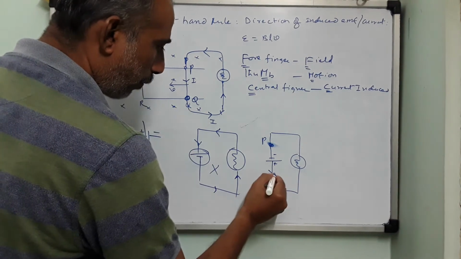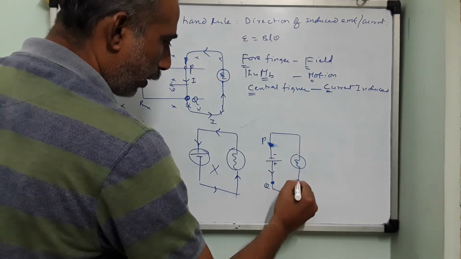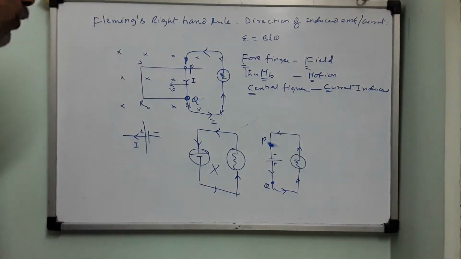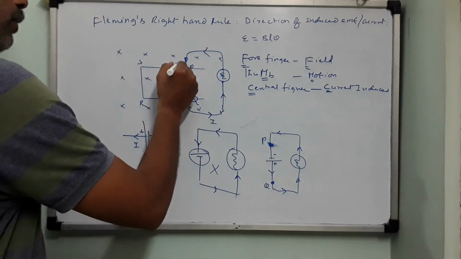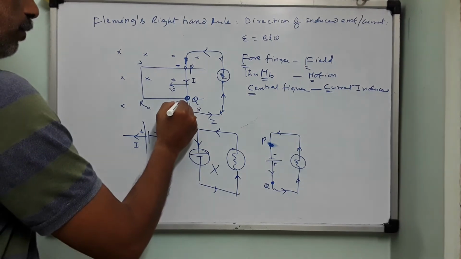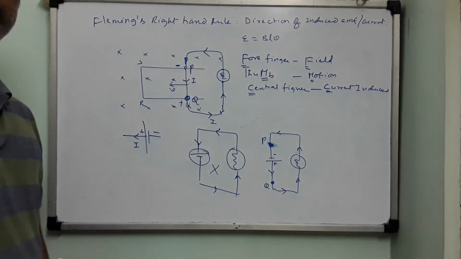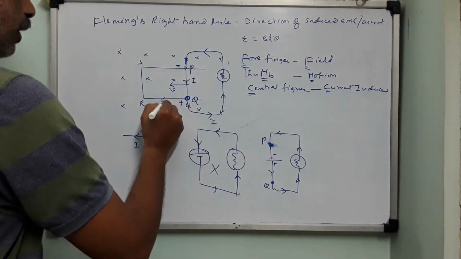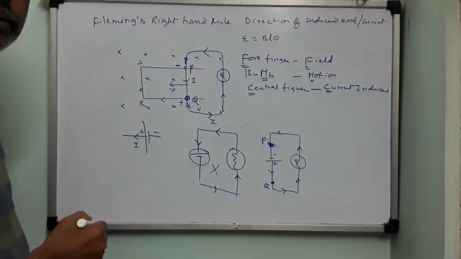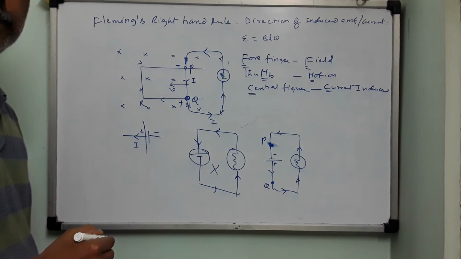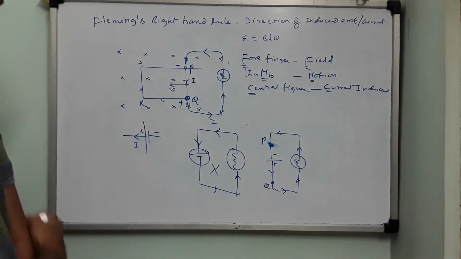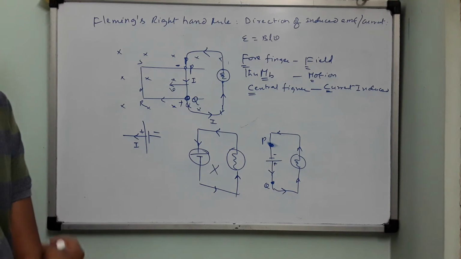Because of this only what will happen? Current will go down, will go like this, will go like this. So therefore, the end P will become negative and this will become positive. So if current has to flow, either it will go in this direction or it can go in this direction. Clear? So this is how you have to determine the direction of induced current in a circuit or induced EMF.